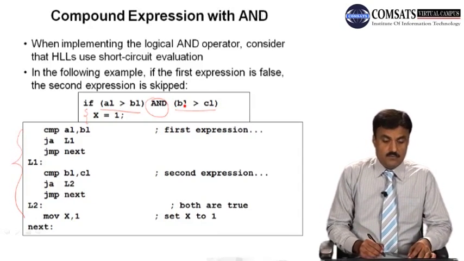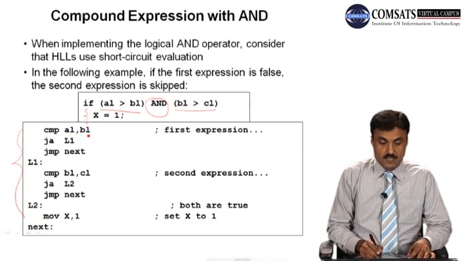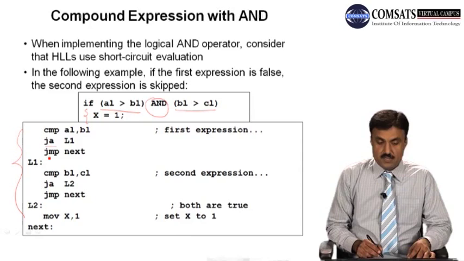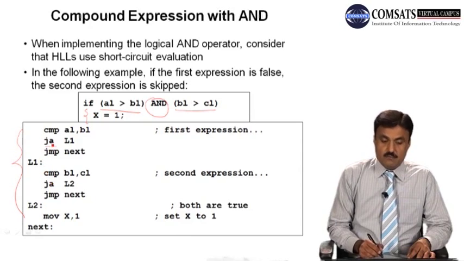Now here, what we are going to do: first we compare AL and BL. If AL is above BL, then we will jump to L1, which means we will compare the next expression.